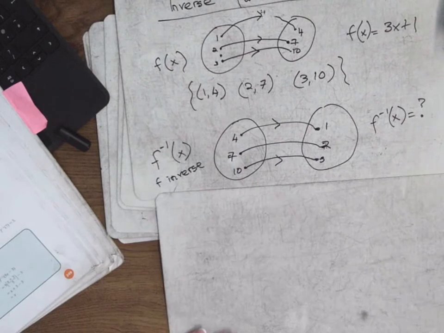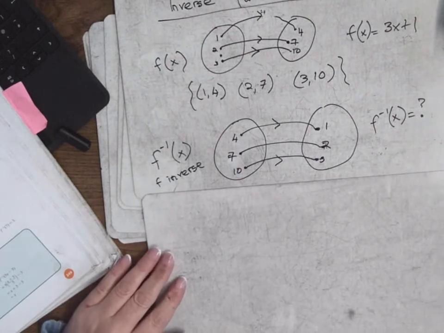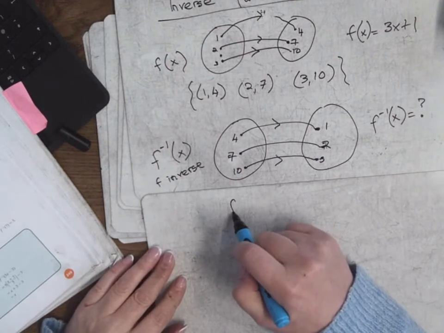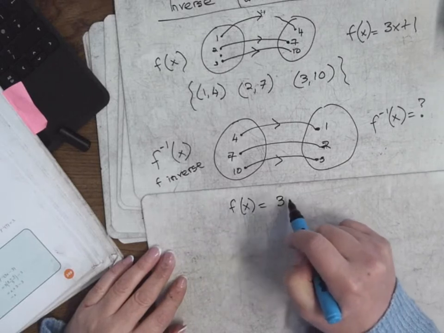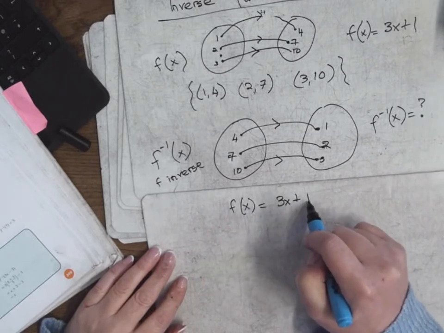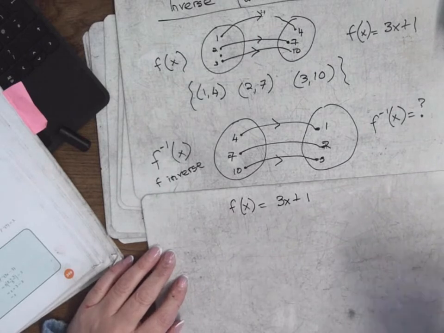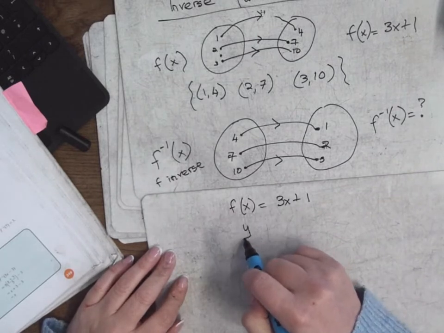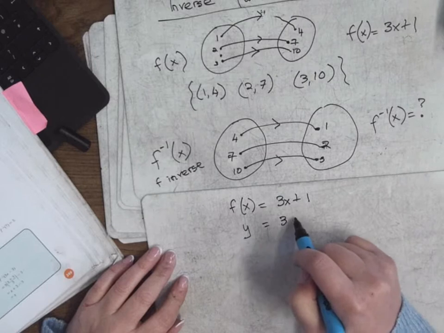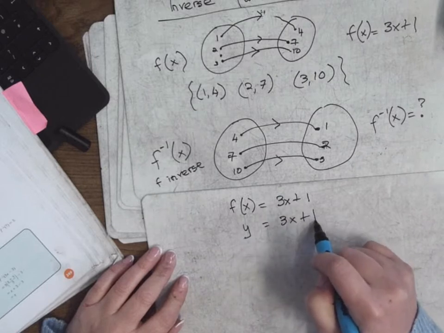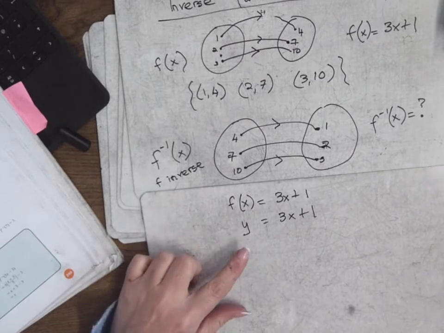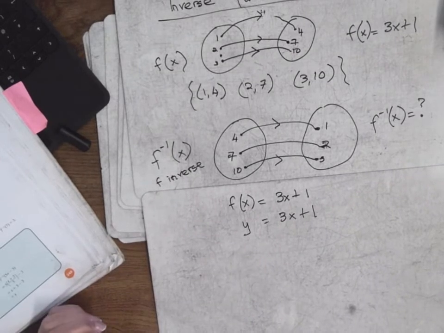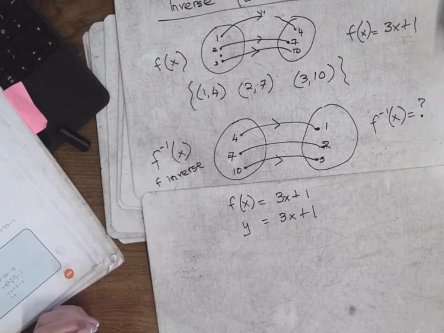So what I do is, the original function told me f of x is equal to 3x plus 1. Agreed? F of x is another way of saying y equals 3x plus 1. So the formula at the moment has y equals. You rearrange it so you have x equal to everything else.